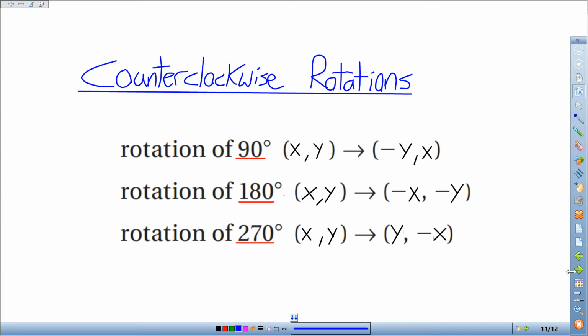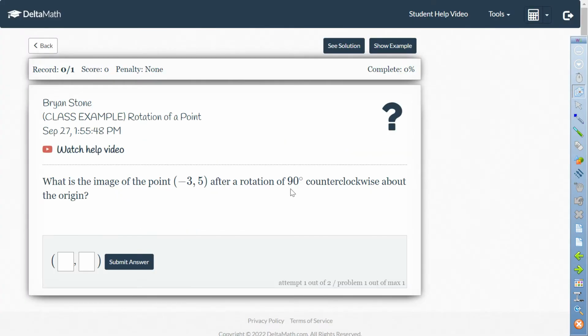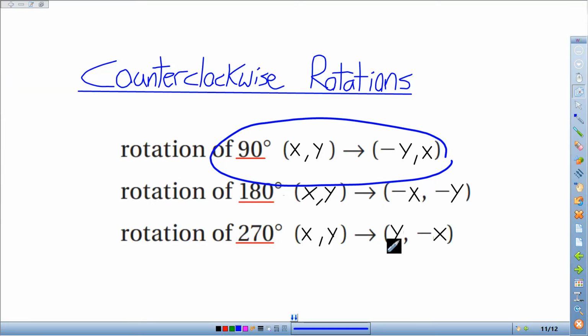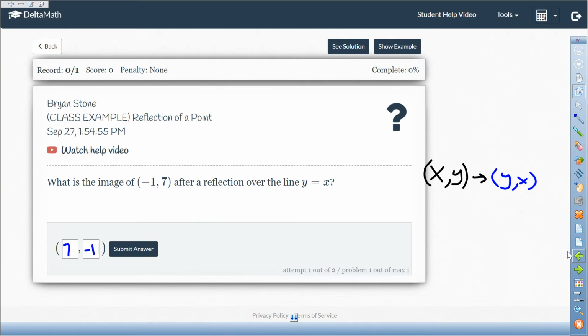I don't expect you to, so have them in your notes. This is asking us to do a 90-degree counterclockwise rotation, so we're going to be using this rule right here. (x, y) becomes (-y, x). So we're swapping our two numbers and then changing the sign of our original y value. Let's see what that looks like on this problem.